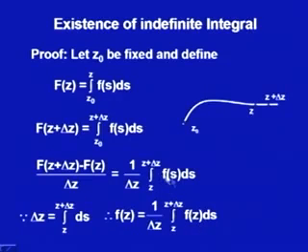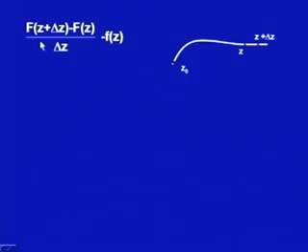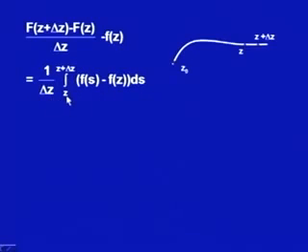Again using the properties of contour integration, we could rewrite it as the same integral from z to z plus delta z, and we would write fs minus fz. So we are writing it as Fz plus delta z minus Fz upon delta z minus fz equals 1 upon delta z times the integral from z to z plus delta z of fs minus fz ds.